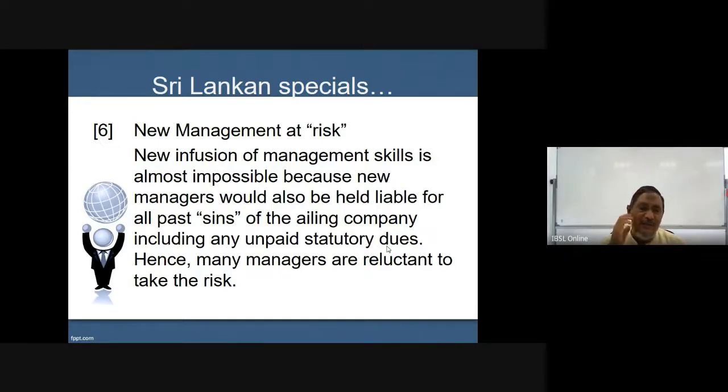It is very simple. You have to understand this position. Now you, as a manager, take over a branch. Then you are held liable for all non-performing advances granted by your predecessors. And ultimately it falls on your shoulders to recover the loans, the defaulted facilities.